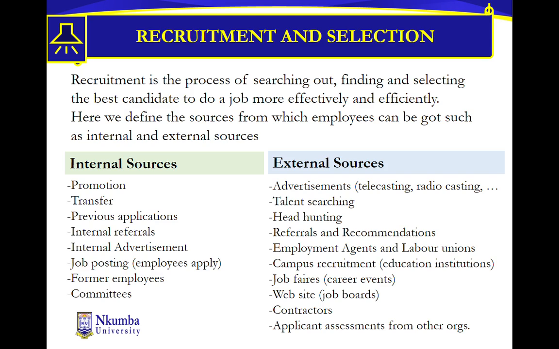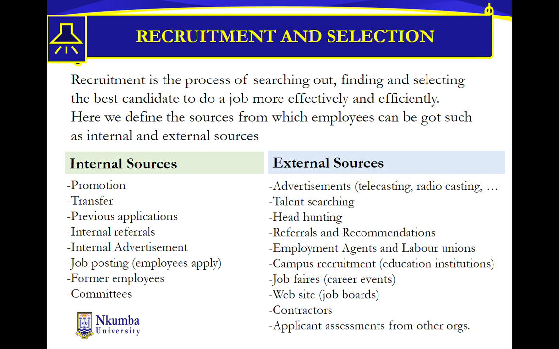Websites and job boards, and these days we have digital platforms, can be used to get workers. Otherwise, you can also have contractors instead of a single worker. You can have contractors externally sourced through the bidding process.